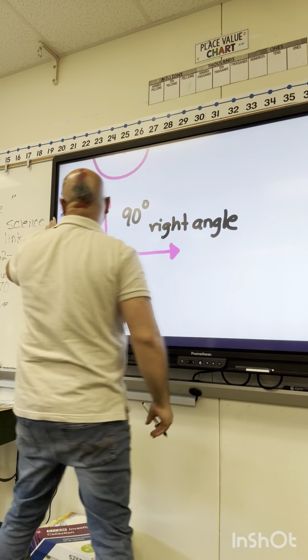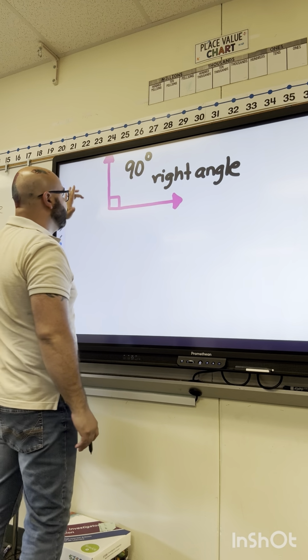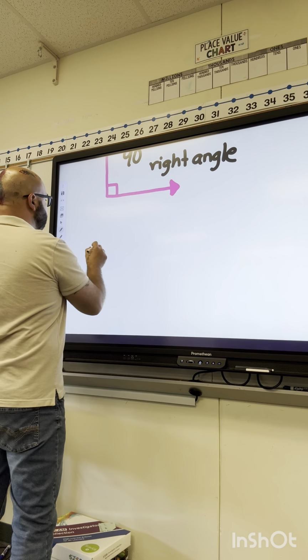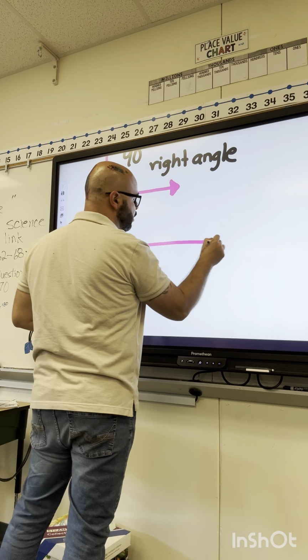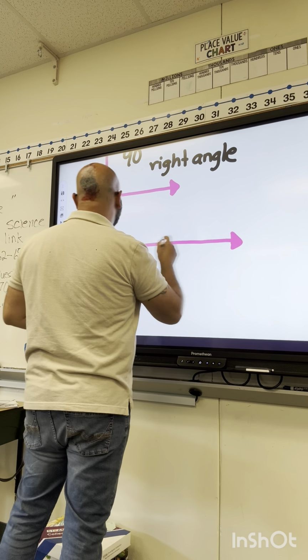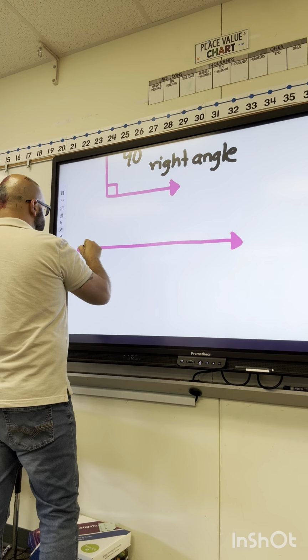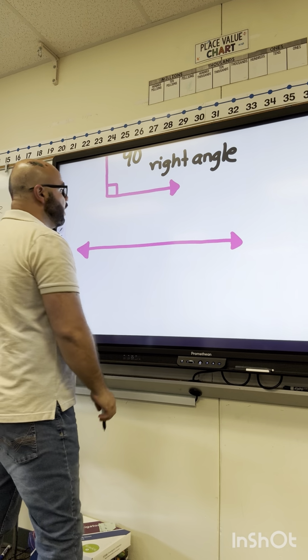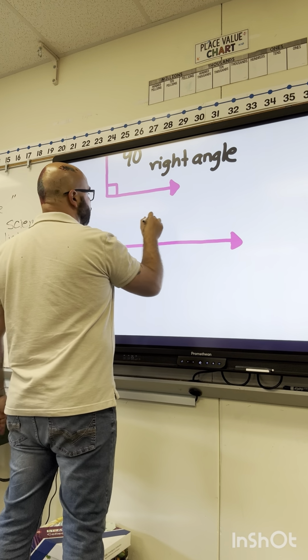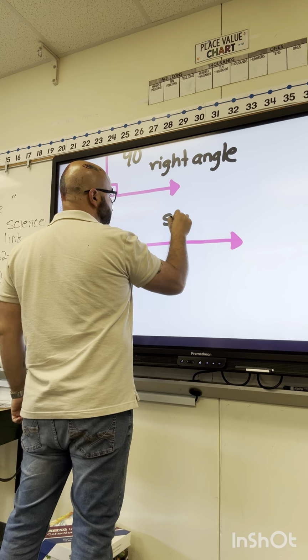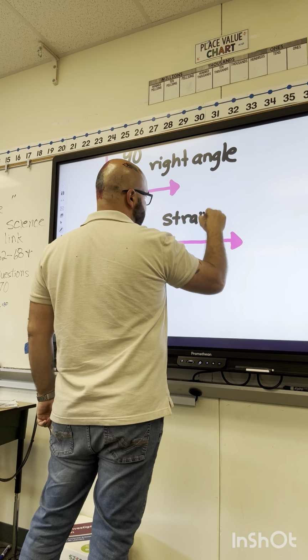Now, the next and most important angle that I wanna go into is our straight angle. Okay, our straight angle is distinguished by a straight line.